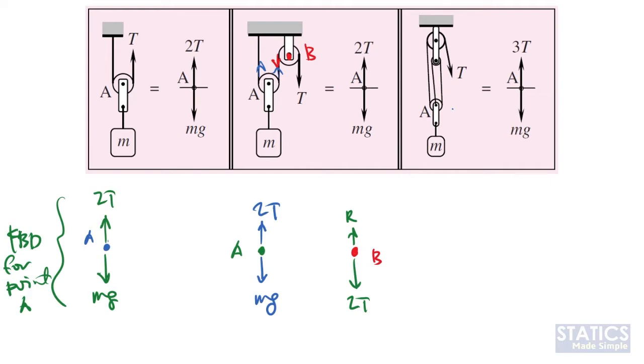If we are interested in the free body diagram of point A, we take point A out and count how many cables are attached to point A. In this case, even though we see that we have a slight angle here, if the angle is not given, we can assume that they are directly vertical. So you can say that we have 3T at the end point A vertically, and then we have weight equal to mg, pointing downward at point A.